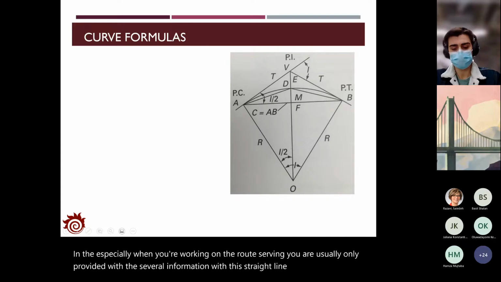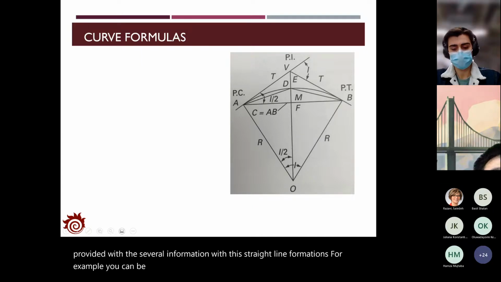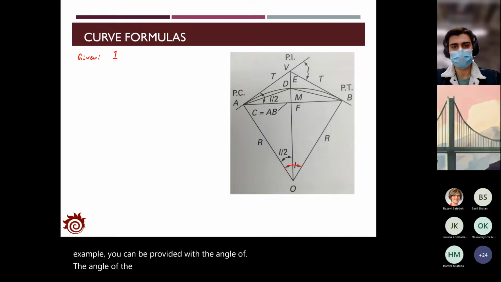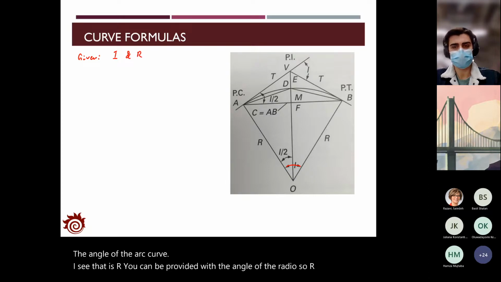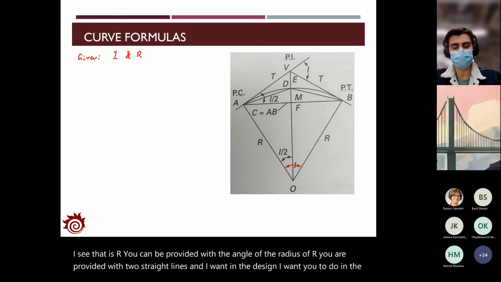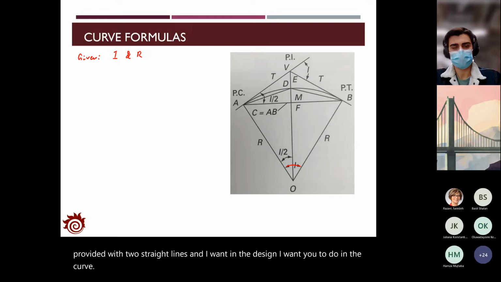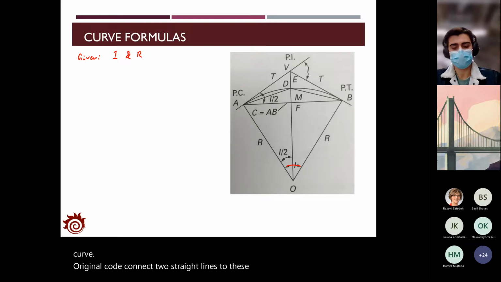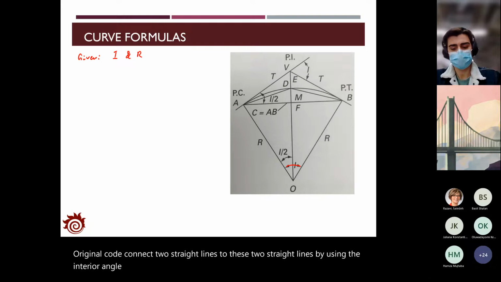For example, you can be provided with the angle of the curve, say that is I, and the radius R. You are provided with two straight lines, and in the design, I want you to make a horizontal curve to connect these two straight lines by using the interior angle I and the radius R.